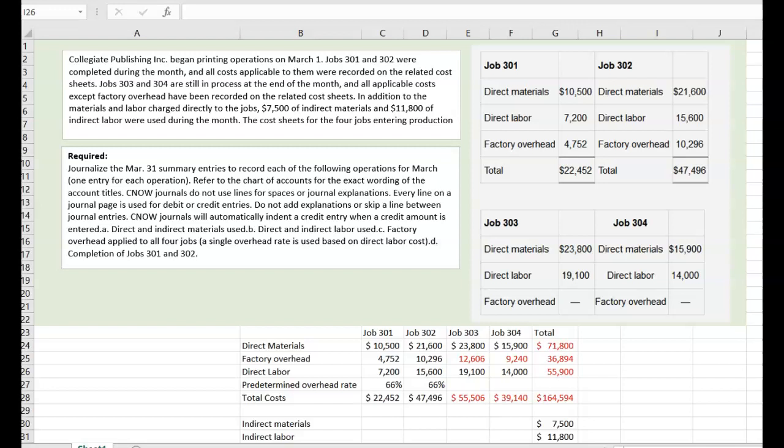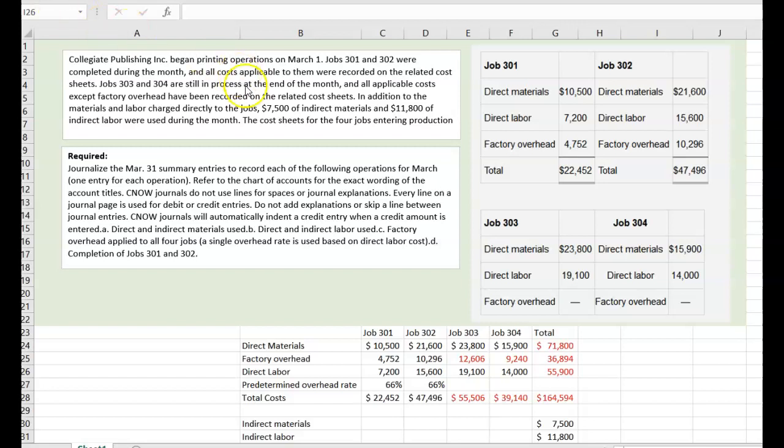Okay, and remember that's for identifiable direct cost plus any factory overhead that we have added to the jobs based on a predetermined overhead rate. Okay, so we've got a couple additional costs.